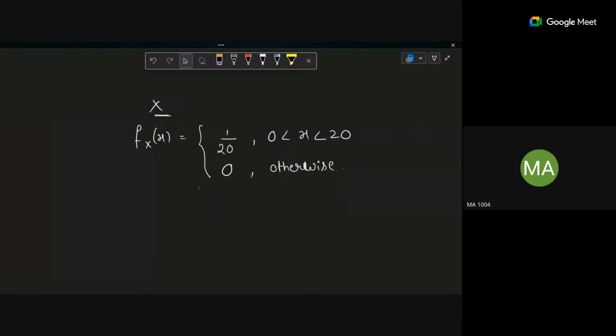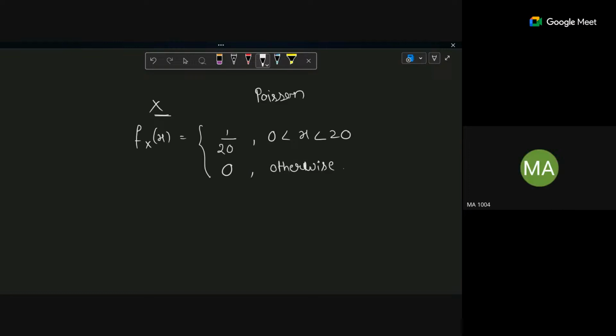Now you can read the scenario, and you have the PDF with you. Can you check what distribution X is following? Ma'am, Poisson distribution. Is it Poisson? No, they said uniform. Exponential.